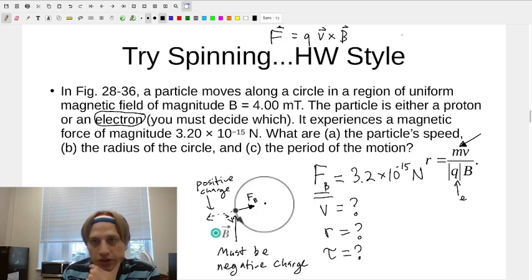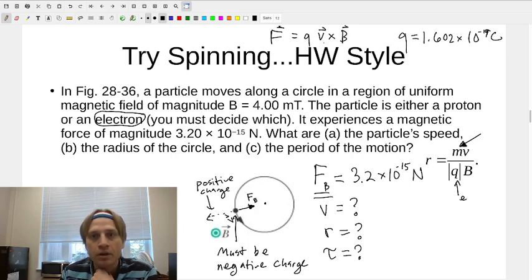We know q because it's going to be just that 1.602 times 10 to the minus 19th coulombs. That's our elementary charge. We don't know V, and we do know B. So B is 4 millitesla, so 4.00 times 10 to the minus 3 tesla.